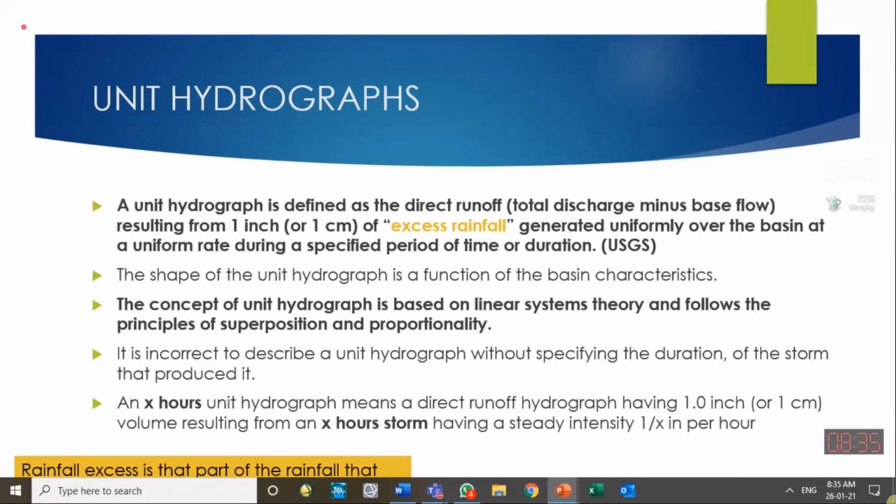It is a direct runoff hydrograph, and it is generated by a storm having excess rainfall or effective rainfall of a unit quantity. Unit quantity is 1 inch in US customary units, and 1 centimeter in SI units.